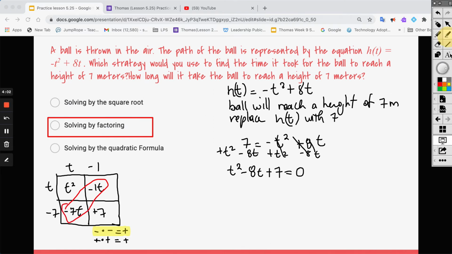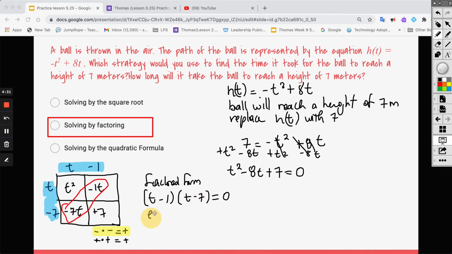So what we have on the outside of this box are going to be the factors that give the equation that was shown. So in the factored form, we have t minus 1 times t minus 7 is equal to 0.